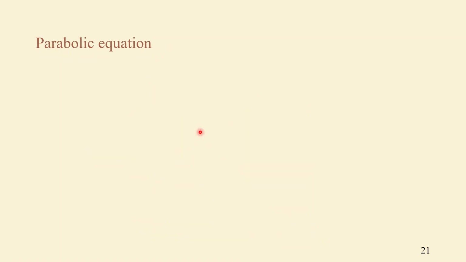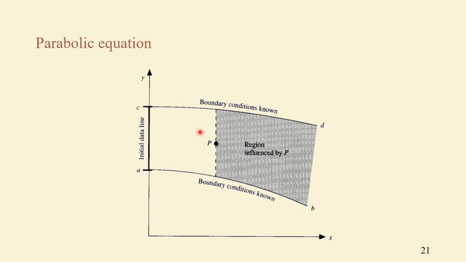So what is the case for parabolic equations? For a parabolic equation, this is the initial data line, and we have one characteristic curve that is passing through this particular point. If there is any disturbance at this point, it is felt over this region.